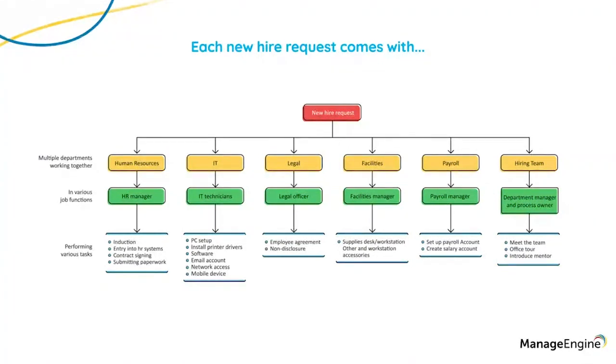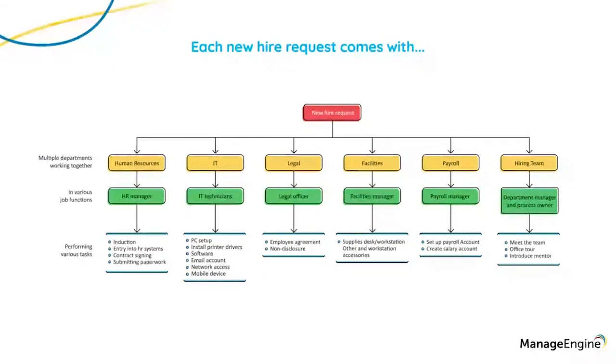Am I right? So when a person walks in, there's the HR who's going to be doing their orientation, and all the paperwork is taken care of. And then there is the hiring team, the actual team with whom the new hire is going to be. And then, of course, the payroll, and there are legal teams.